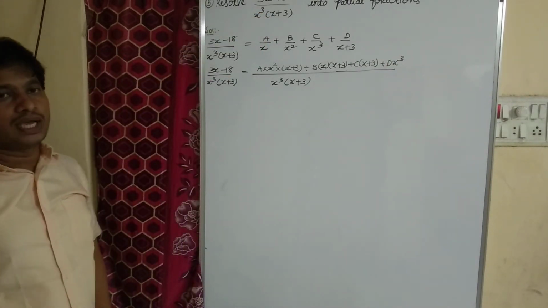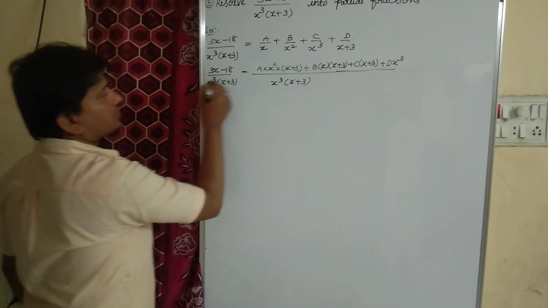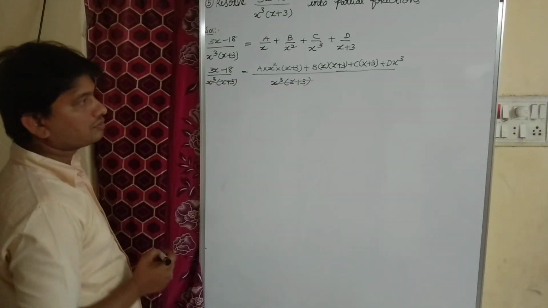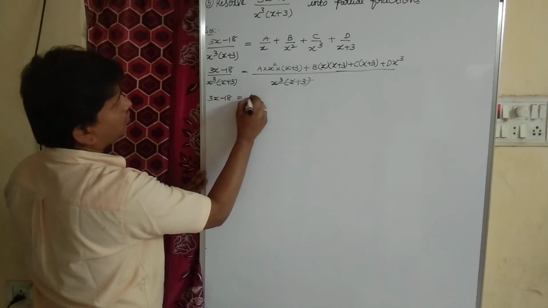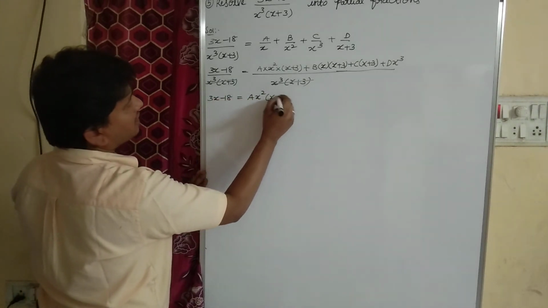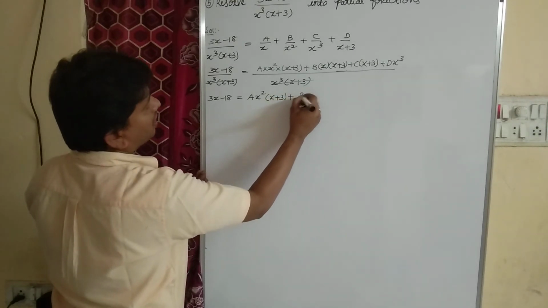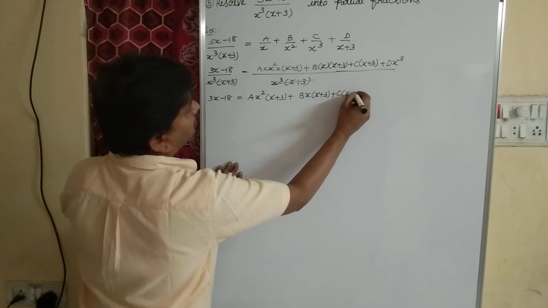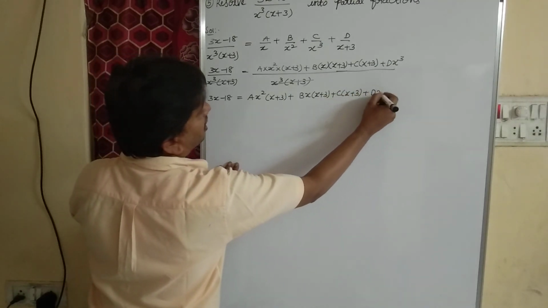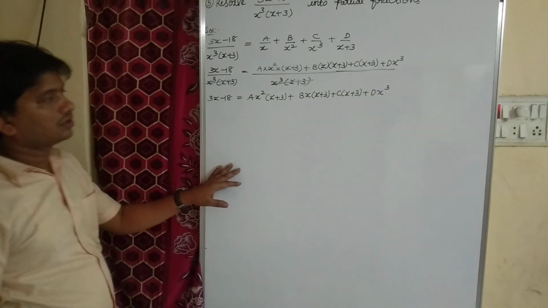Okay children, LCM only. Now cancel. We got 3x minus 18 equals a x square into (x plus 3), plus b x into (x plus 3), plus c into (x plus 3), plus d x cube.